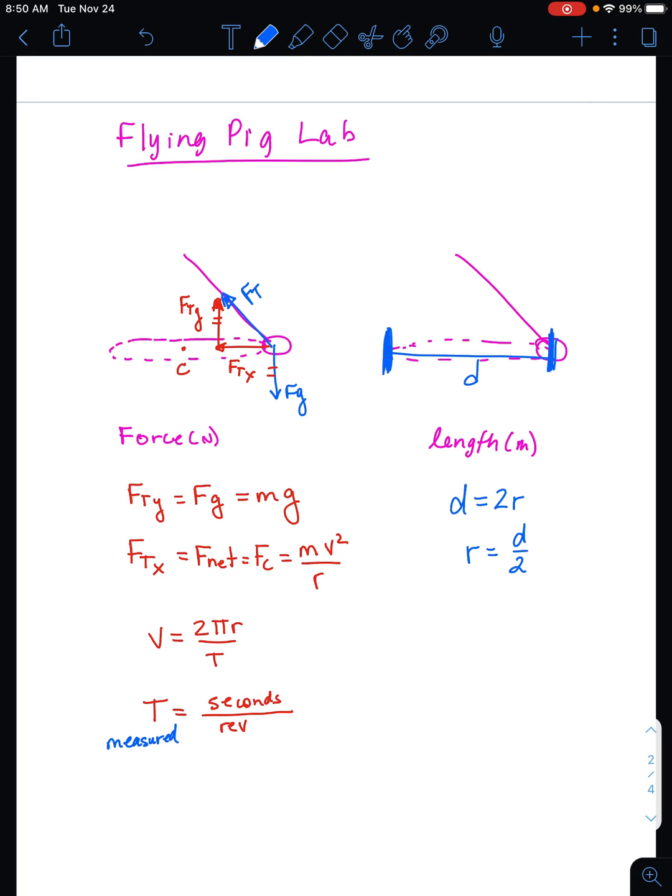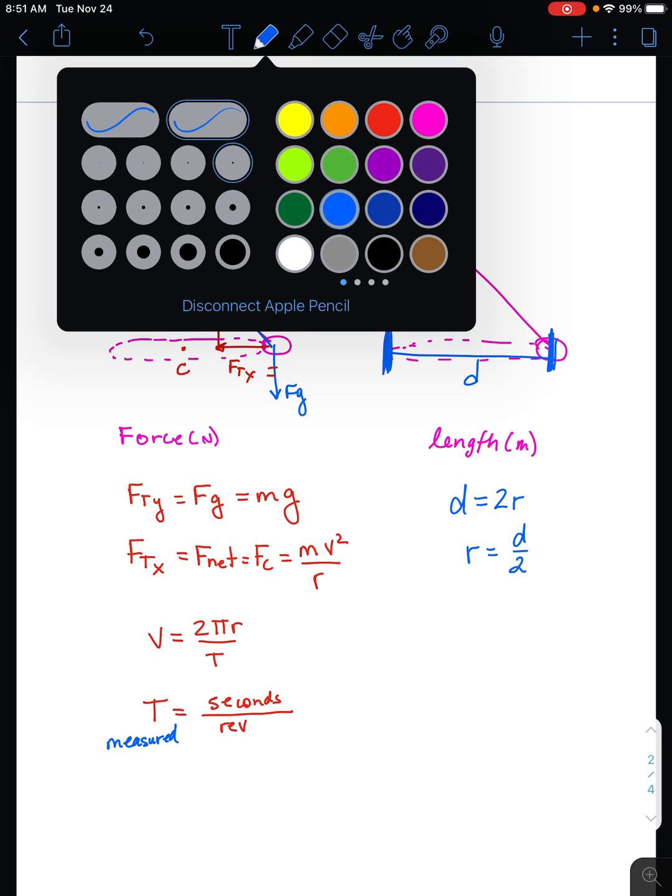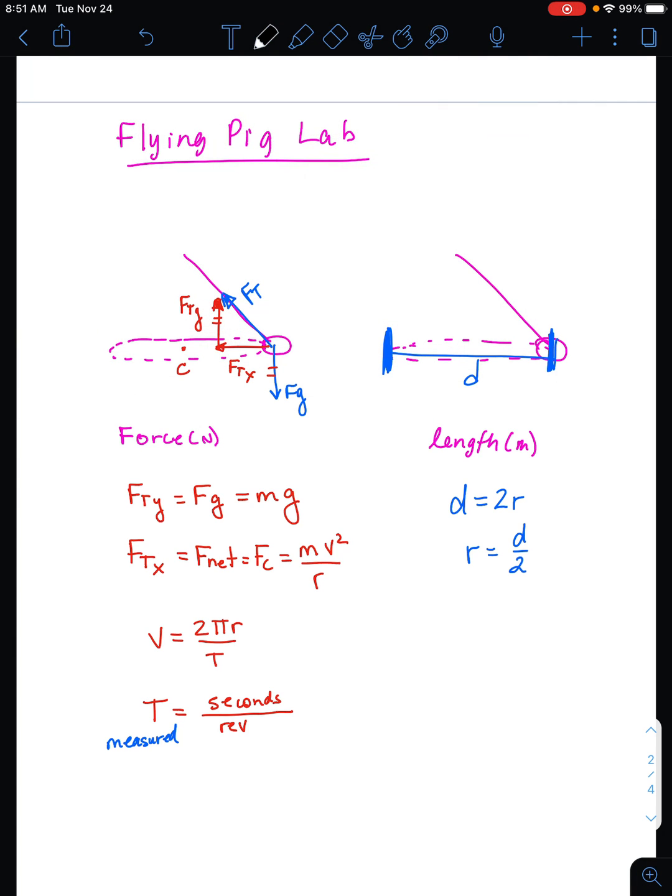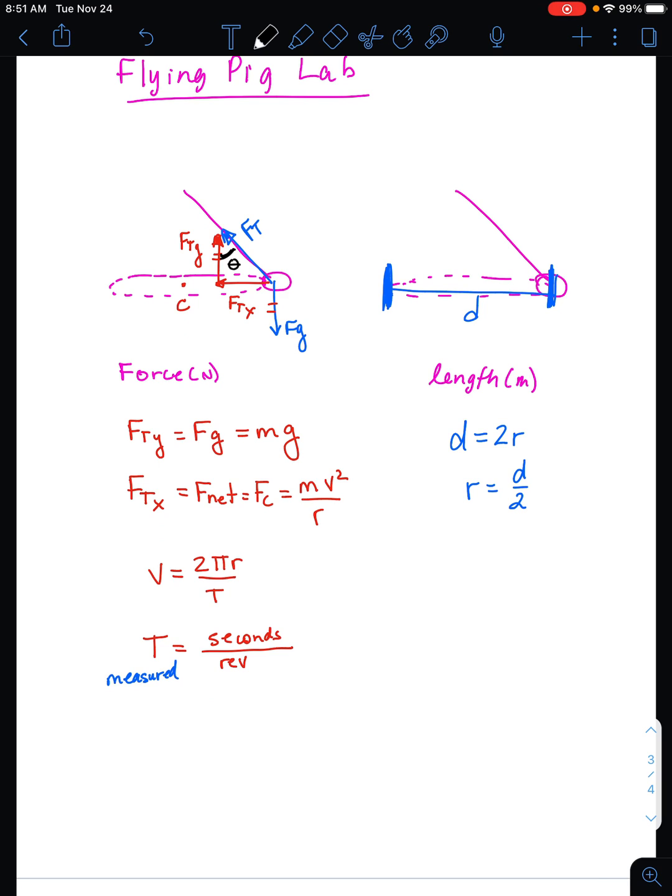Then we were able to solve for the speed and solve for the force of tension x by doing mv squared over r. Why do I care what the force of tension x is if what I'm really trying to solve for is the force of tension y? The answer is there's an angle in this triangle that can relate the force of tension x and the force of tension y.